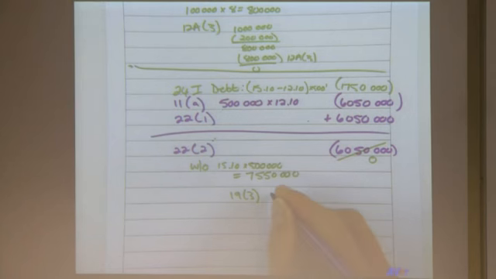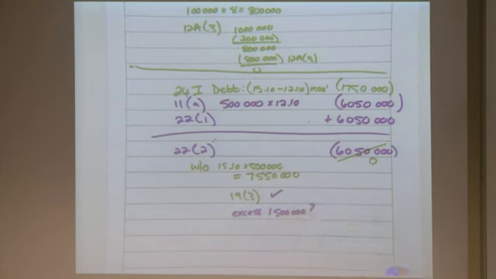So that one I've done to the extent of that 6050, and now I have an excess amount of 1.5 million. Now my question is, what do I do with the 1.5 million? 8(4)(a)? 8(4)(a)?